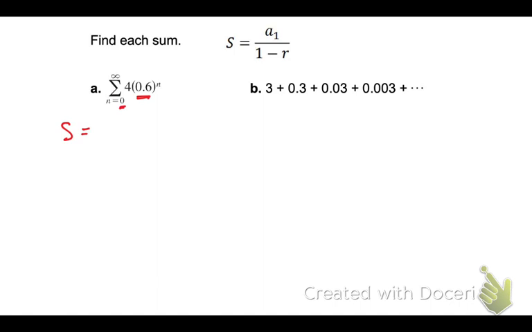And it'd be 4 times 1, which would be 4, over 1 minus r, which is 0.6. So, that would be 4 over 0.4. So, move my decimal, right? So, the answer is 40 over 4, which is 10.